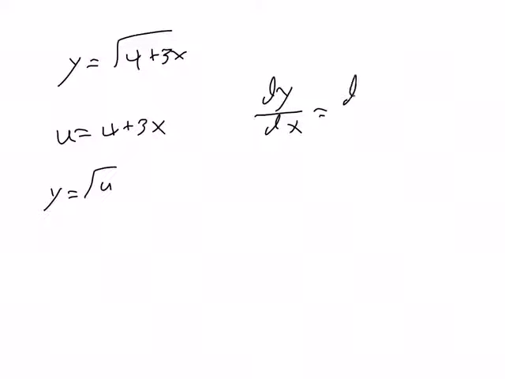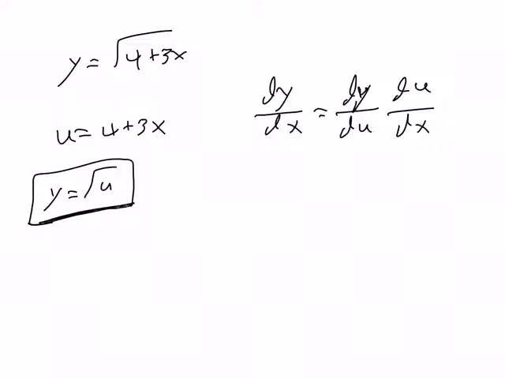Well, that's the same as dy in terms of du times du in terms of dx. Well, dy in terms of du, we look over here, there's no x. If we take dy in terms of du, we get a half u to the negative a half. And then we want to multiply it by du in terms of dx.